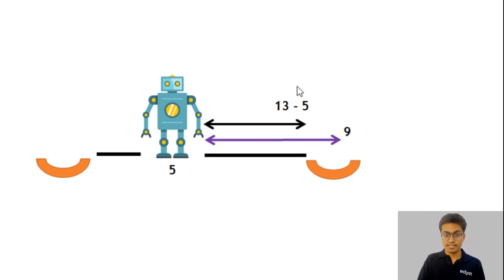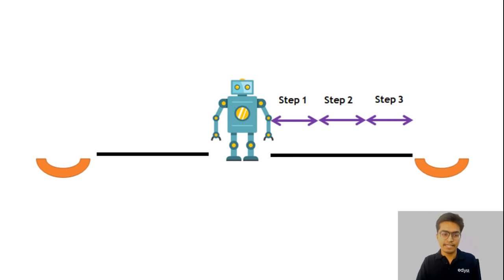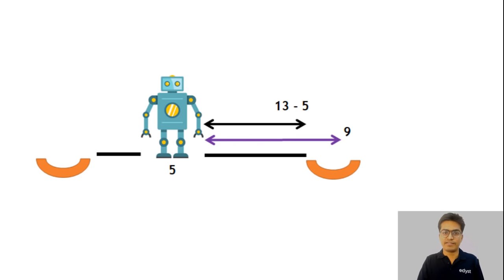Now you're farther away from the front ditch. Earlier you were at 9, the front ditch was at 13, but now you're back to being at 5. Since you've already taken a step in the backwards direction and the robot alternates between front and back steps, the next step we take is obviously going to be in the front direction.